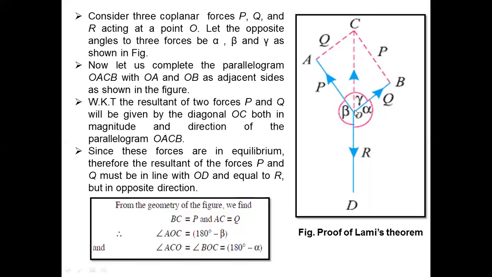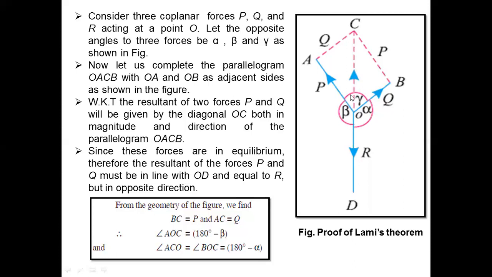What is the angle at O? To find it, we take triangle AOC. Here you see the entire angle from O is 180 degrees, out of which the angle made by the forces P and R will be beta.